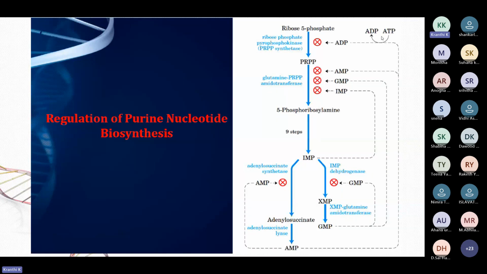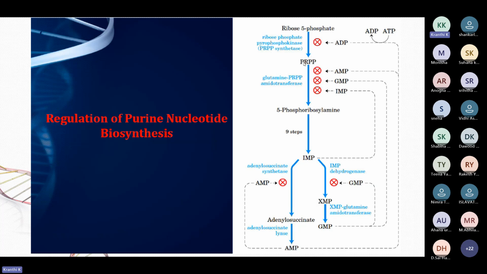Here it needs only AMP, one AMP it has to remove and ADP should be added. Once the ADP is added, it's converted to the PRPP, right? But when there is a sufficient number of IMPs or GMPs present, it won't be added here. When the ADP is not added, then PRPP will not be synthesized, right?